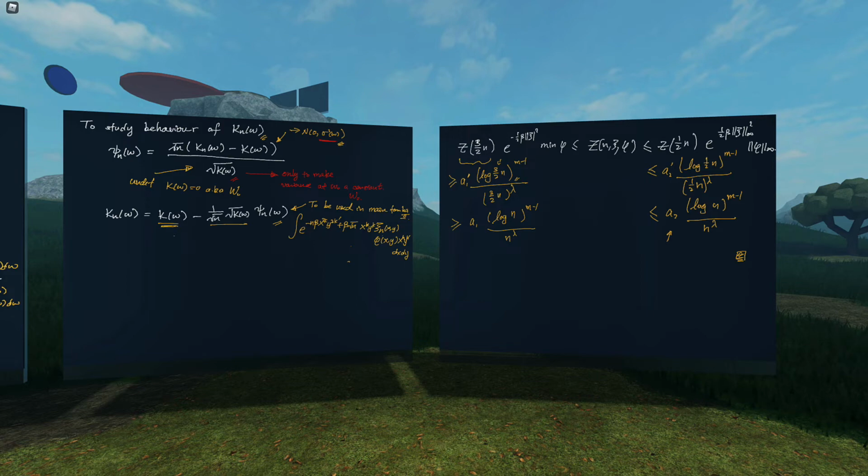And if you compare, spoiler alert, the resolution of singularity is going to give us this term here, and the square root of that is going to give us this term.